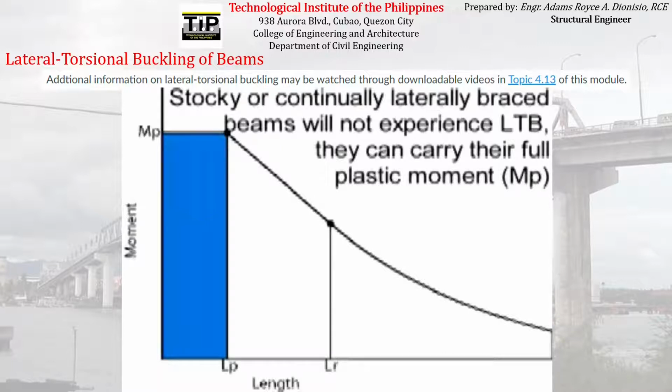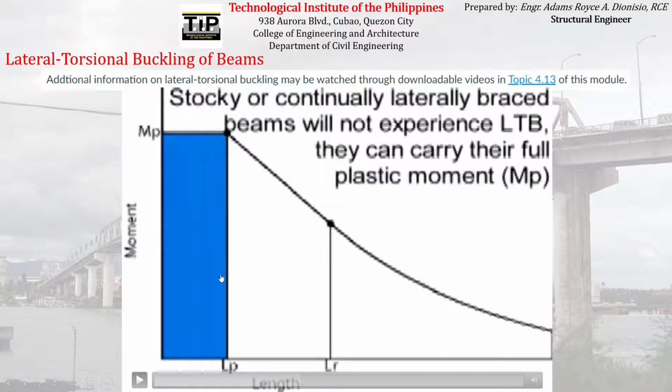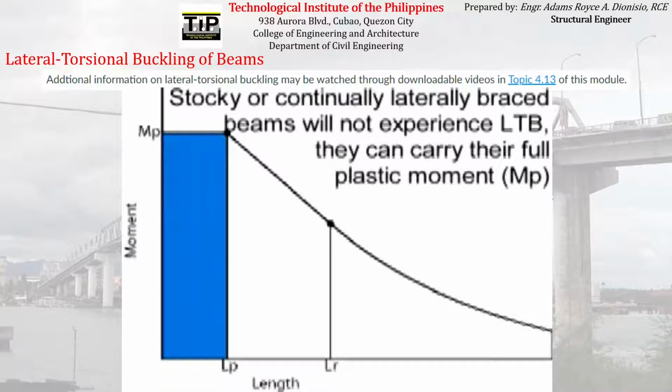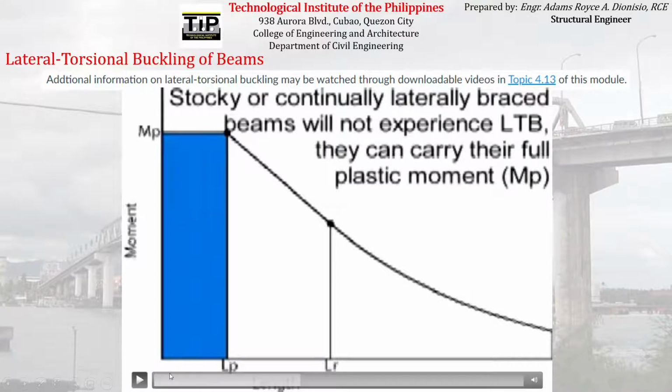I mean, there is an efficient unbraced length that will ensure that the beam will still experience the maximum capacity that it can offer, which is just equal to LP. That's why you can see later on that we usually include that magnitude of unbraced length LP in the computation of the capacity of a beam with respect to lateral torsional buckling, or LTB.